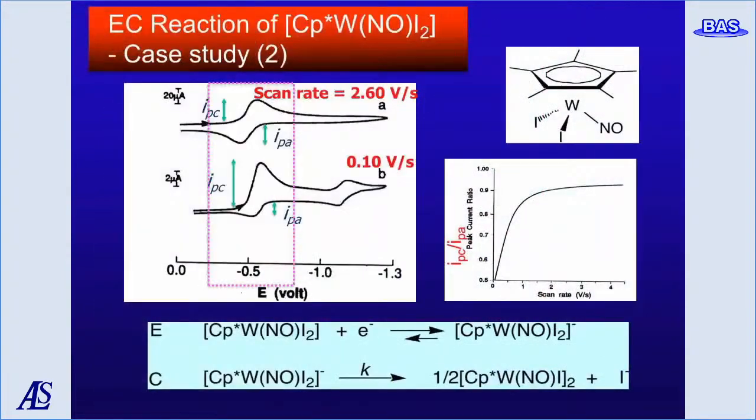Another EC mechanism of an organometallic tungsten complex, the iodo-pentamethyl cyclopentadienyl nitrosyl tungsten complex. At a scan rate of 0.13 volt per second, two cathodic peaks were observed at minus 0.6 volt and around minus 1.2 volt.